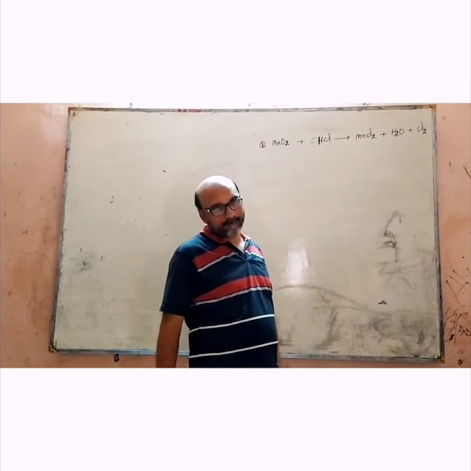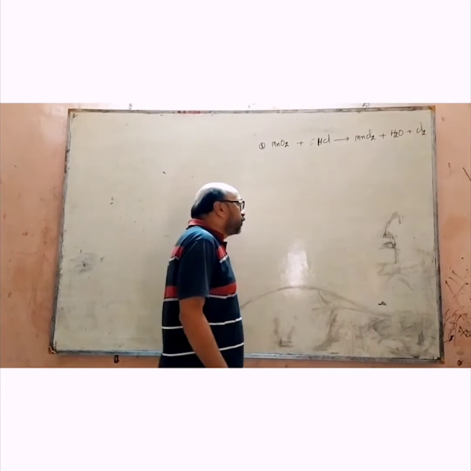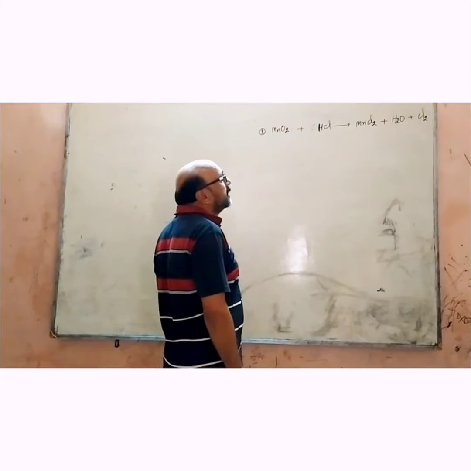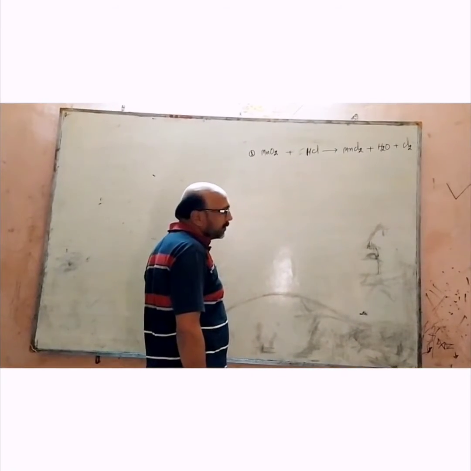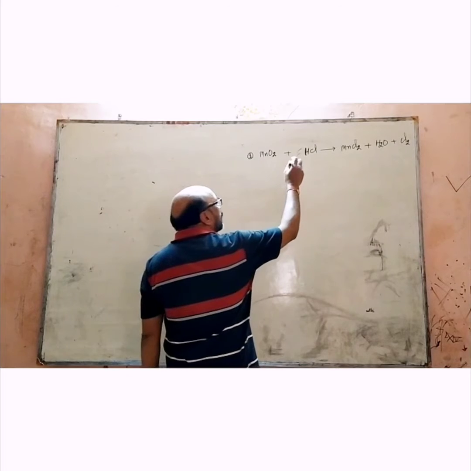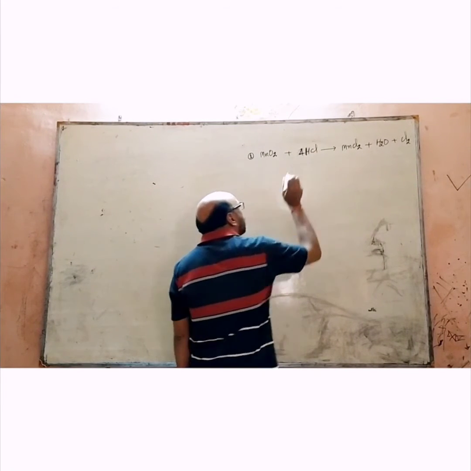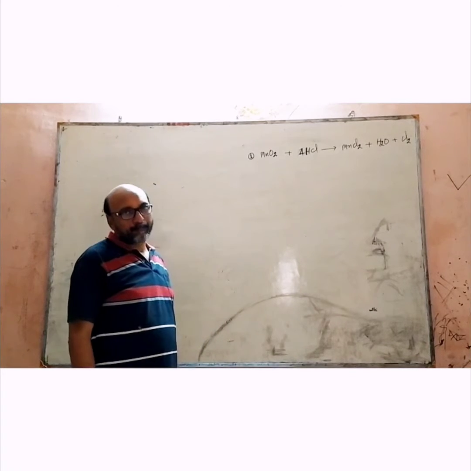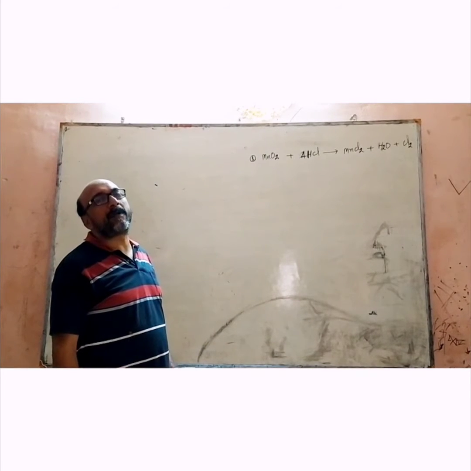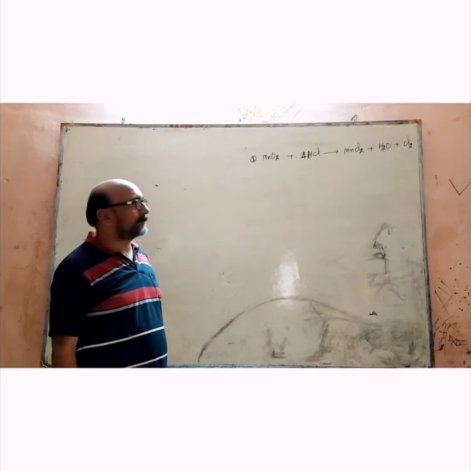What should we do? We should multiply the compound in the reactant side having chlorine with a suitable number, that is 4HCl. The number of chlorine atoms becomes equal in both reactant and product side.